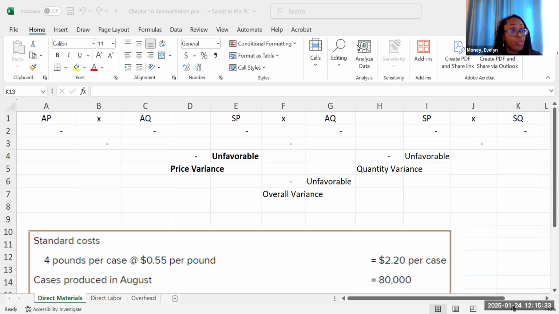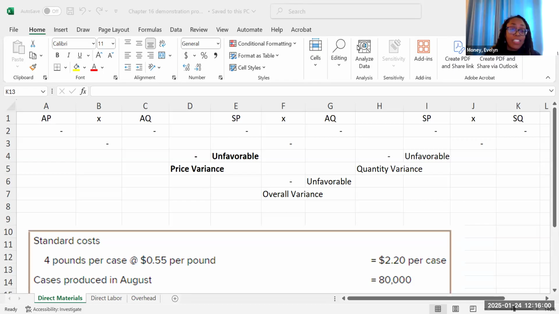How much material do they need to make 1 unit of product? Then we look at the overhead rates needed to make 1 unit of product, and they'll develop realistic standards, not ideal or perfect standards, but realistic standards. And then those standard amounts will be recorded in the journal entries as materials are issued into production or labor is charged to work in process, all those different things.